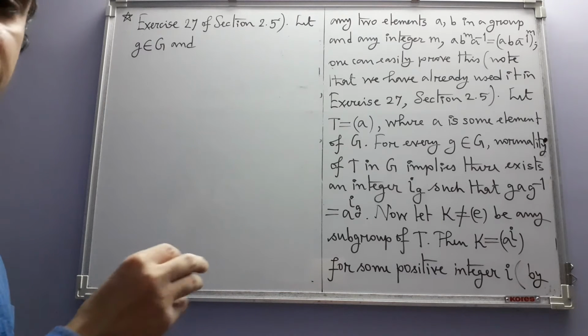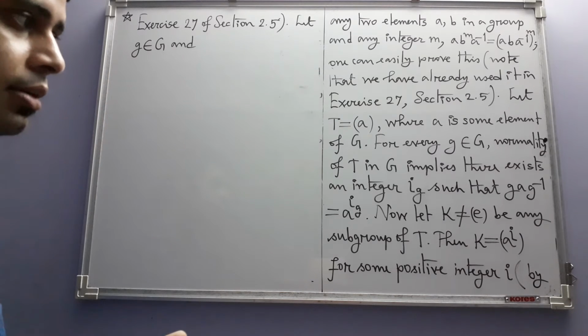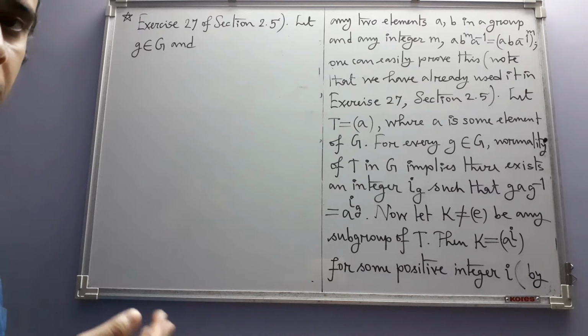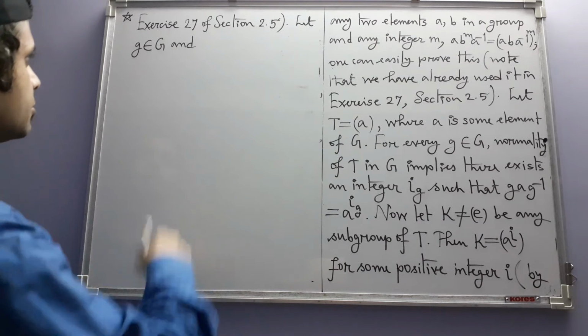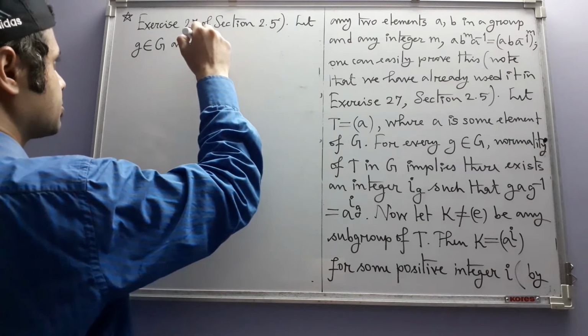So a to the power i is a generator of K. So any element in K will be an integral power of a to the power i. So it will look like this.